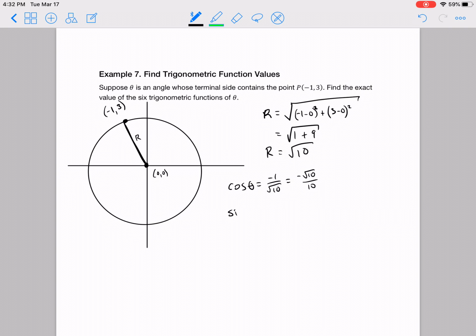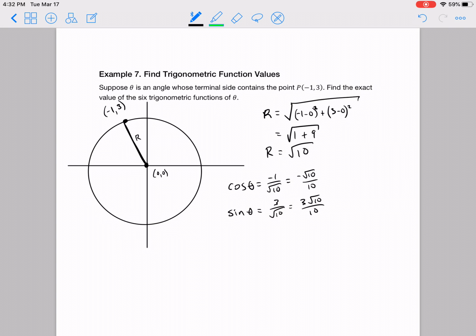Then I can do the sine value, and the sine value is going to be the y value over r. So that's 3 over square root of 10. Multiply top and bottom by square root of 10 to get it out of the denominator, and you have 3 root 10 over 10. And so you see how I can just use those same formulas to figure out all of these things.